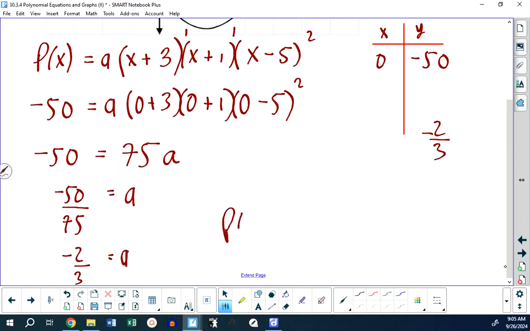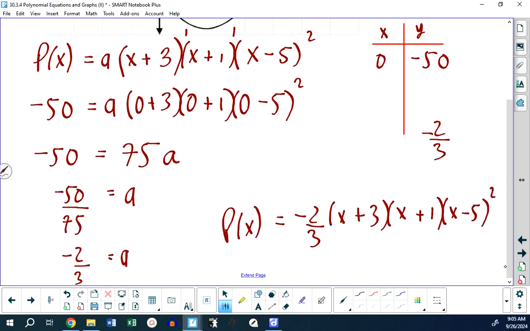So the equation of the polynomial function is negative 2/3 times x plus 3, x plus 1, x minus 5 squared. Are we okay with that one?